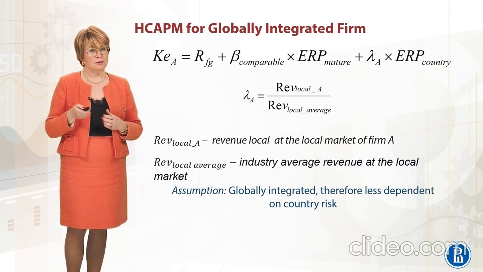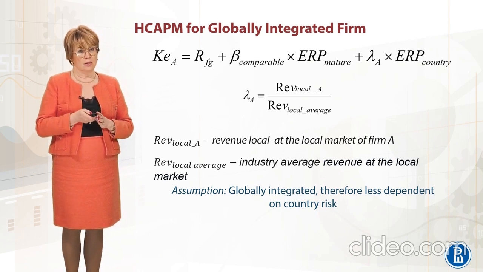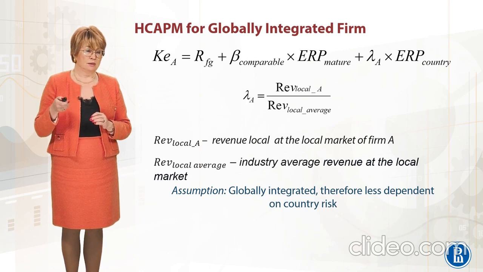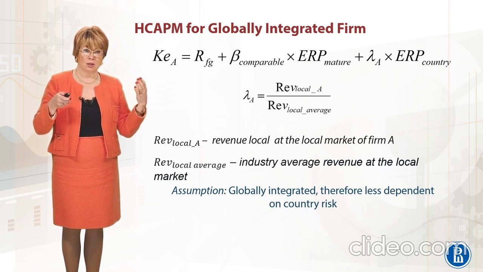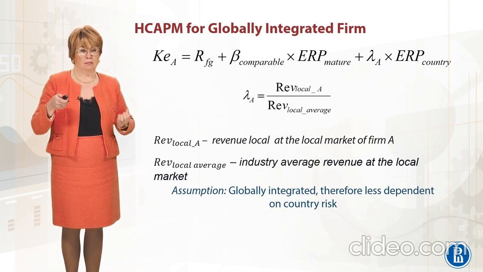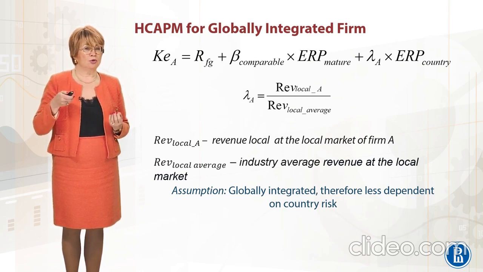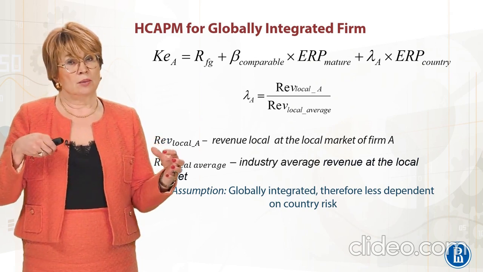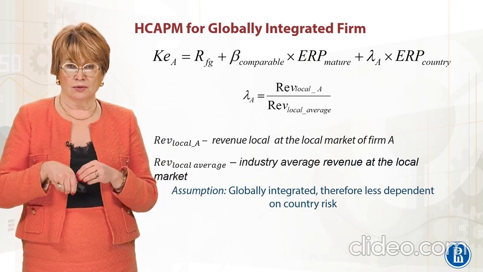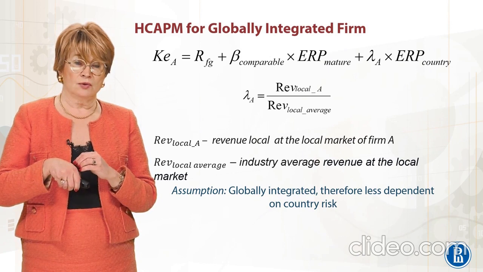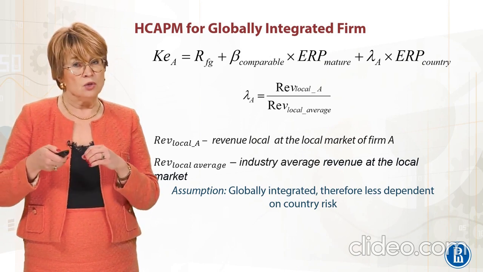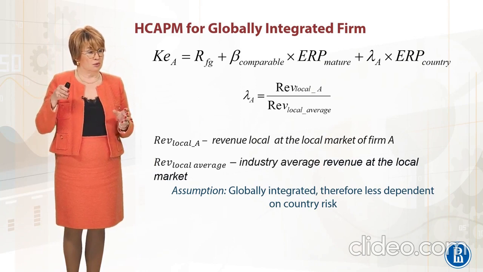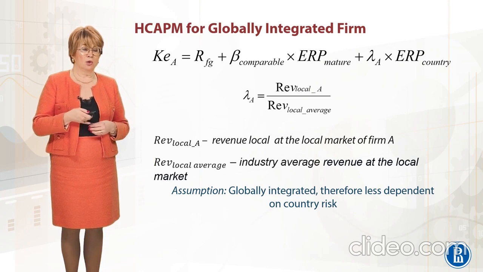So if we now introduce the so-called lambda, a coefficient which tries to compare the revenue of the target company A, which we already described as being a firm integrated into the global product markets but originally a local company: we compare the proportion of revenue which the company gets from the local markets, selling its products and delivering its services locally, to the denominator in the lambda coefficient, the average revenue that competing companies with the same product portfolio earn selling their goods here in the local markets.